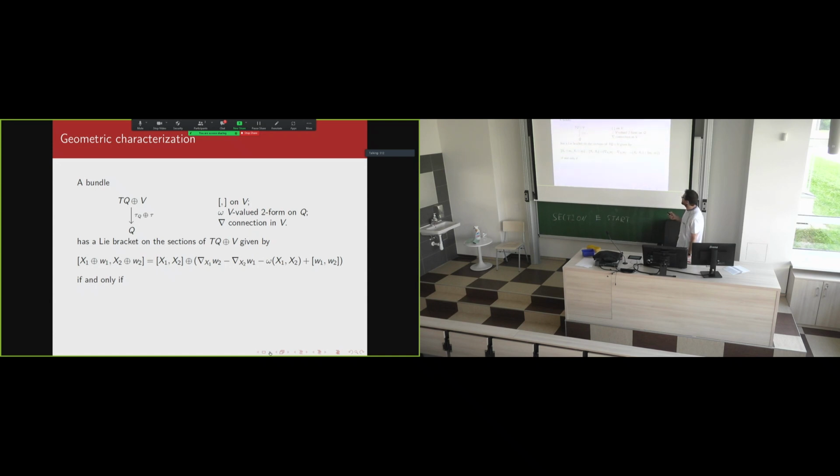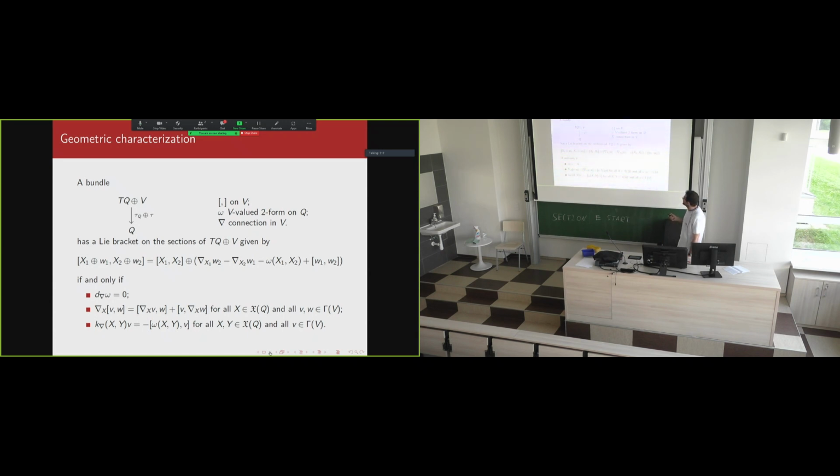Also, we gave a characterization of these bundles, so we don't have to rely on this bracket anymore. We have seen that it's the same to ask that this expression is a Lie bracket and to ask for these compatibility conditions.